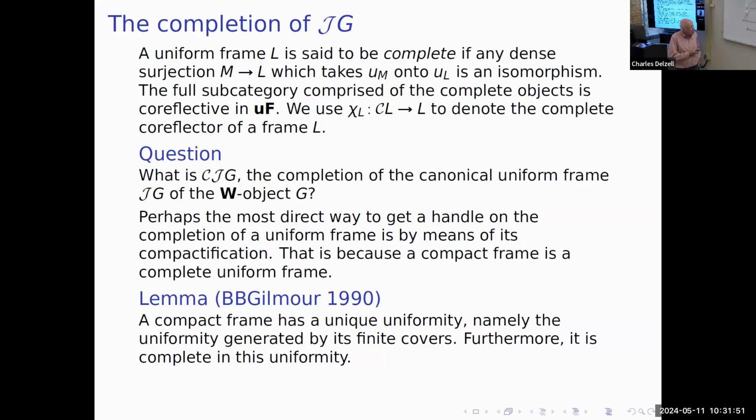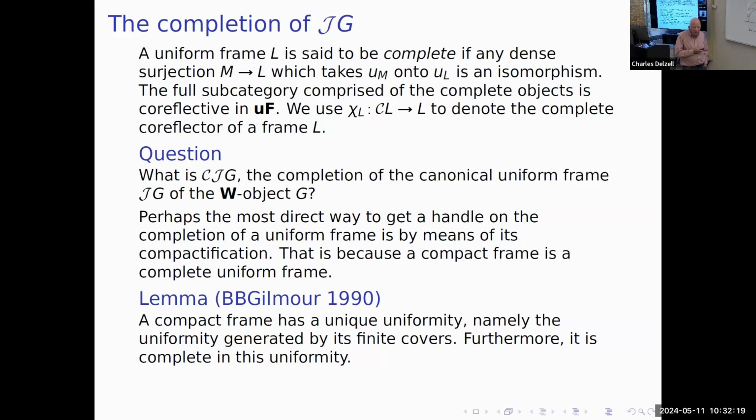But it turns out that there are two competing notions of what completeness ought to mean for frames. The more satisfactory of the two is the one I have here on this slide. A uniform frame is said to be complete if any dense surjection onto it, which is also onto the uniformity, is an isomorphism.